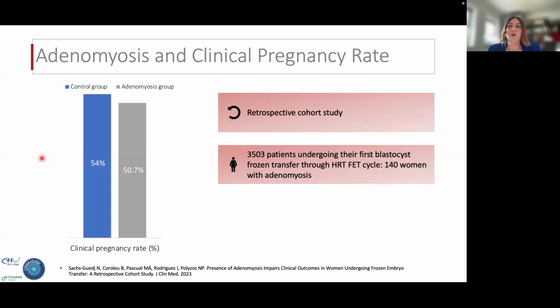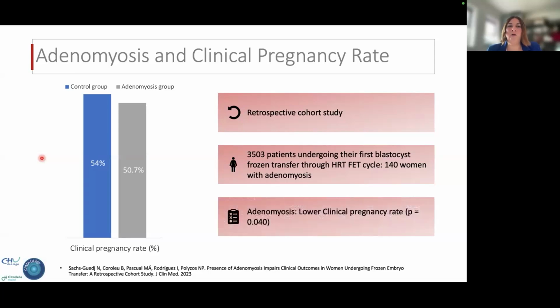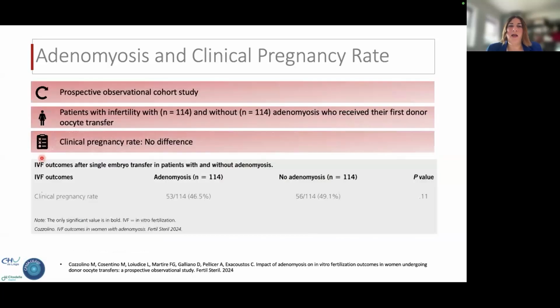Adenomyosis patients were more likely to have deferred frozen embryo cycles and pre-treatment with GnRH agonist. And the presence of adenomyosis significantly reduced clinical pregnancy rates in this study. Again, this finding was not confirmed in the prospective study by Mauro Cozzolino, which focused solely on patients undergoing egg donation.